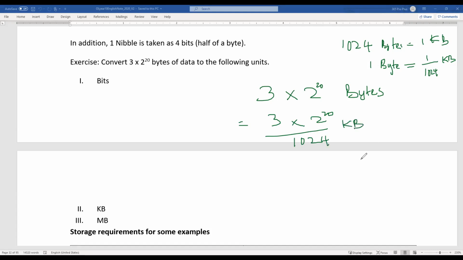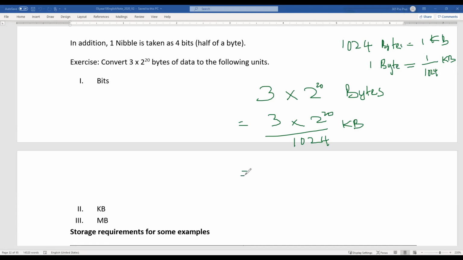Right now we have it given in bytes, so to replace bytes, we divide by 1024.